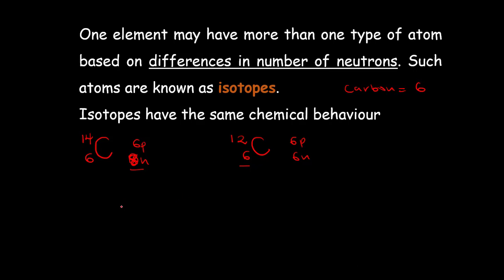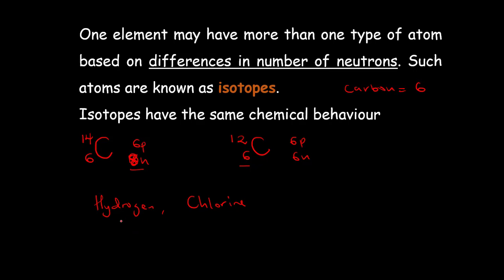So some other elements that can have different isotopes, we can have hydrogen and chlorine. It's actually true that most elements have isotopes, but the isotopes of most elements are not stable. That's why we shall mainly stick to some of these few: carbon, hydrogen, chlorine.